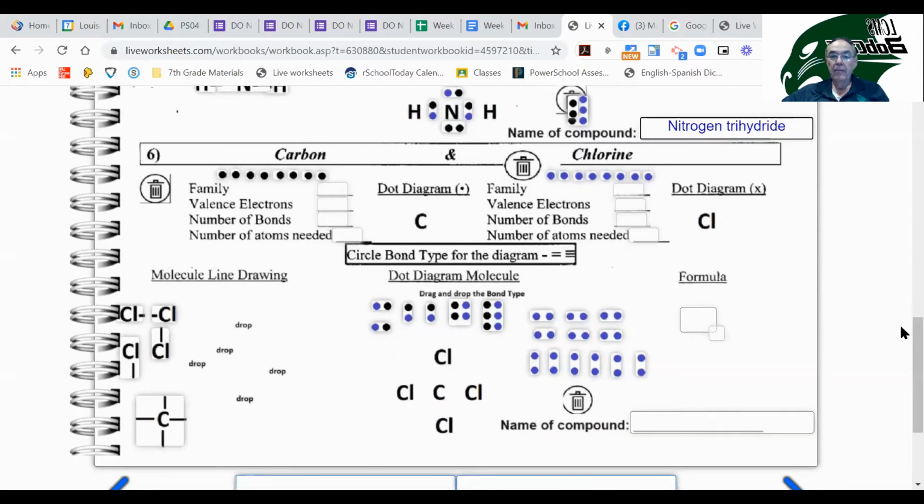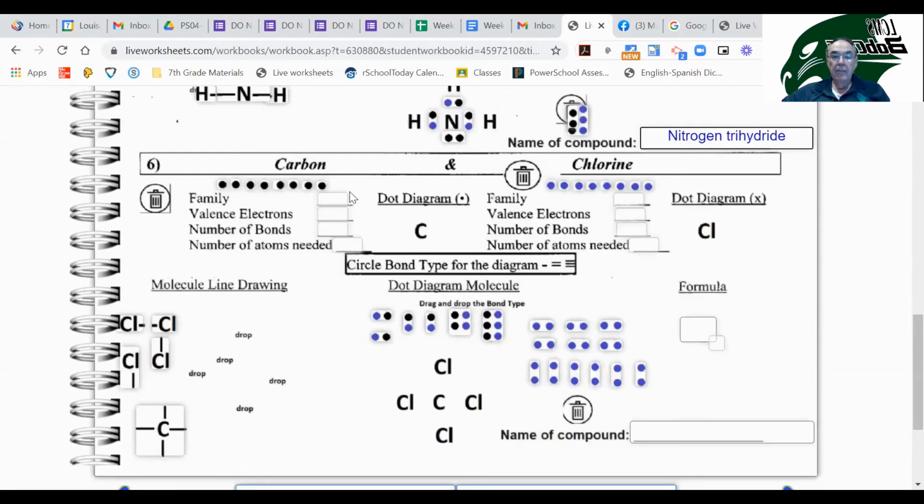Now this last one on this page says that we're going to bond carbon to chlorine. So we look on the periodic table, and we've done some carbons already, so we know it's in family 4. It has 4 valence electrons, and its oxidation number is 4. So because it has 4 valence electrons, we're going to put 4 dots on its dot diagram. We're going to throw the other ones into the trash because we don't need them.